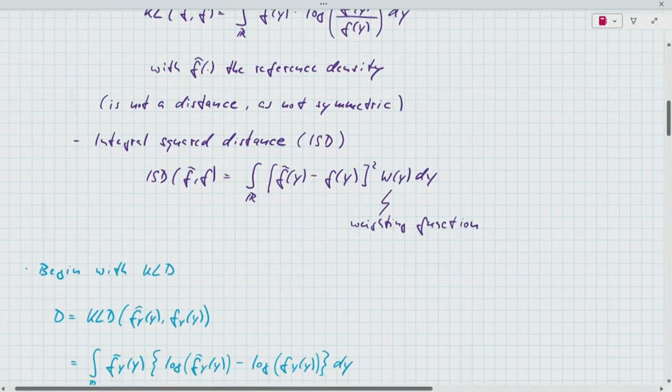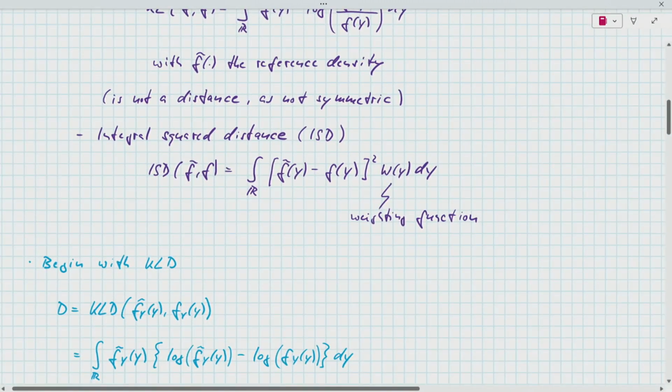And then we have the perhaps more intuitive integral squared distance, where you subtract the densities from each other. So F tilde minus F, square the difference, multiply by some optional weighting function, and then you integrate over everything. This would be the integral squared distance.